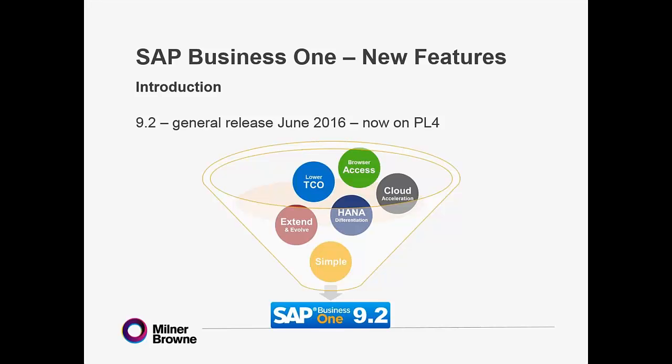So you'll see in the little funnel there some of the areas that they are addressing: simplifying SAP, extending and evolving it, HANA differentiation, cloud acceleration, browser access, and lower total cost of ownership. Some of those benefits you'll see as we come through the individual features.